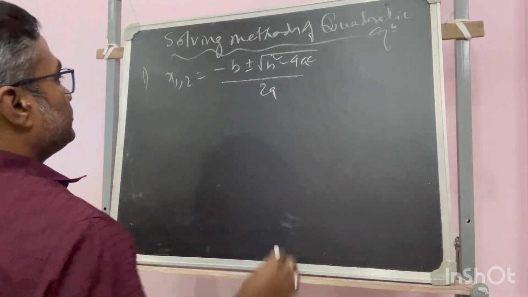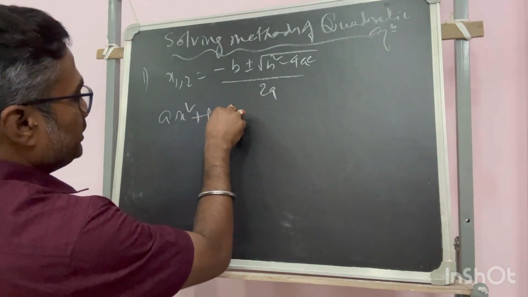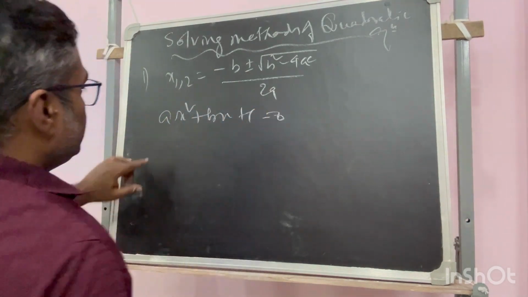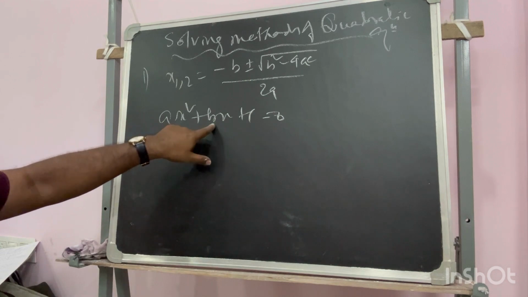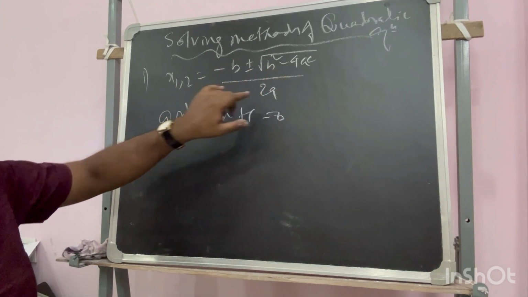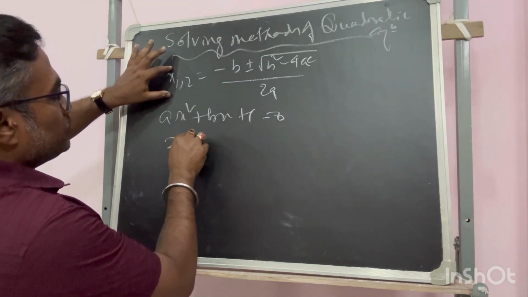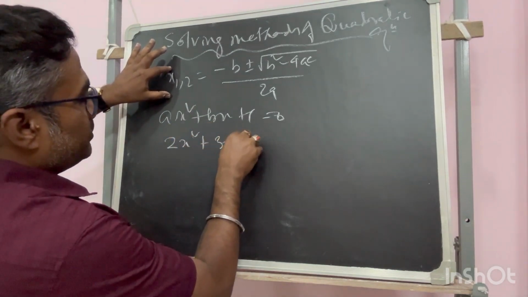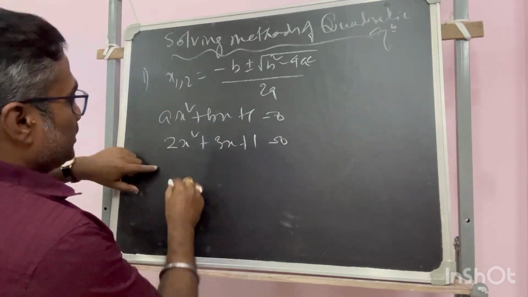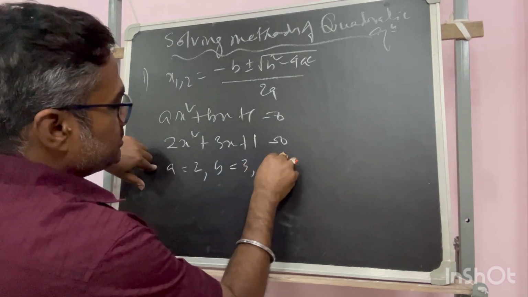You can use it. When you get an equation like that, a, b and c will be given in the equation, so you can put in the values and you will get two values. For example, 2x square plus 3x plus 1 is equal to 0. Now a is equal to 2, b is equal to 3, c is equal to 1.